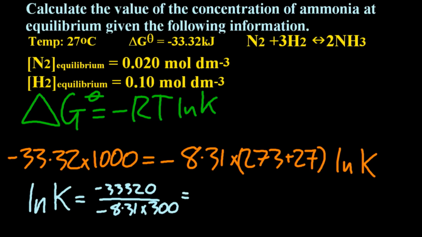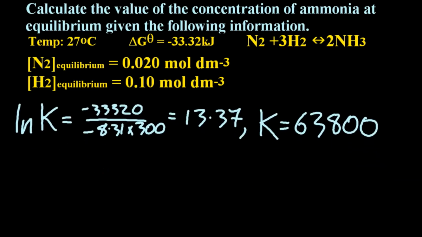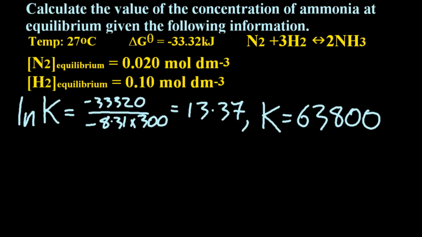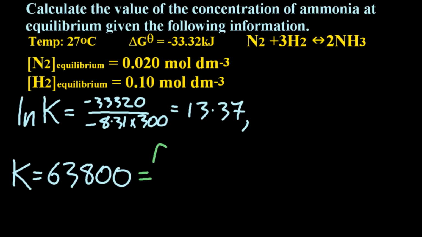So that gives me ln K of 13.37, but I really want K, so on your calculator press inverse ln, and you get K is, well, I'm going to keep 3 sig figs because my question has 2 sig figs, and I'm going to keep 1 extra and then round off at the end.